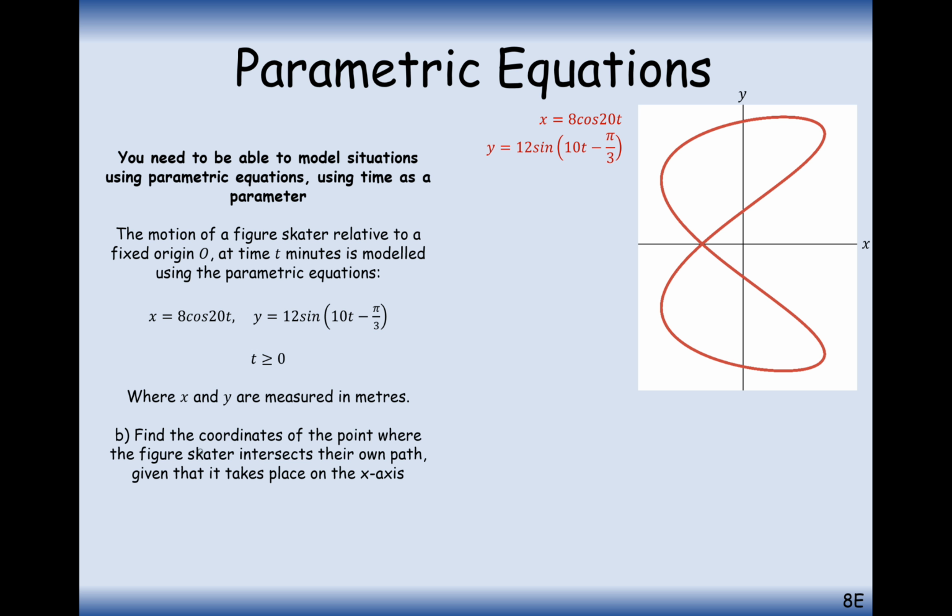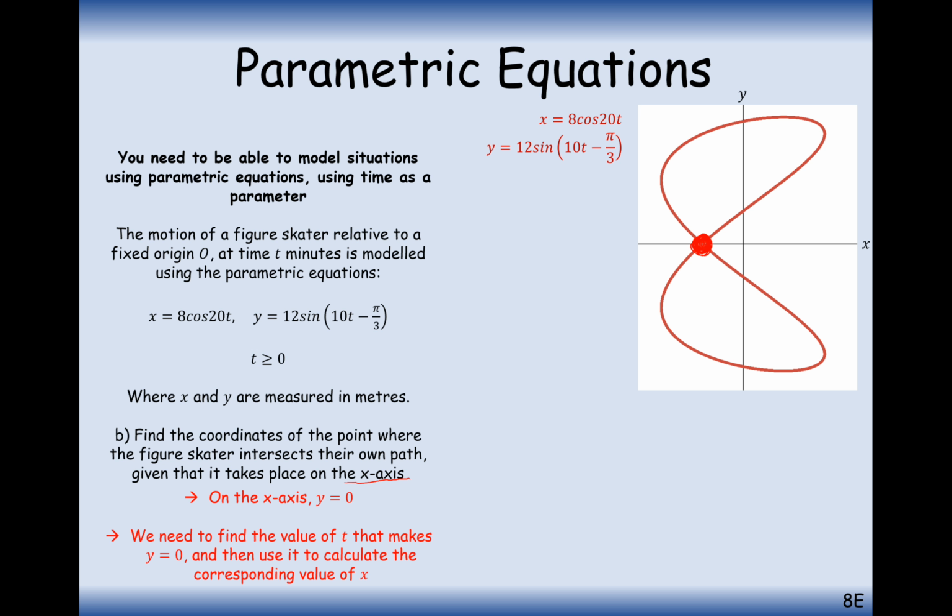The next question here is to find the coordinates of the point where the figure skater intersects their own path, given that it takes place on the x-axis. So we want to find this intersection point here. What we'll have to do, given that it happens on the x-axis, is set the y equation equal to 0 to find the t values, and then substitute the t value into the x equation.